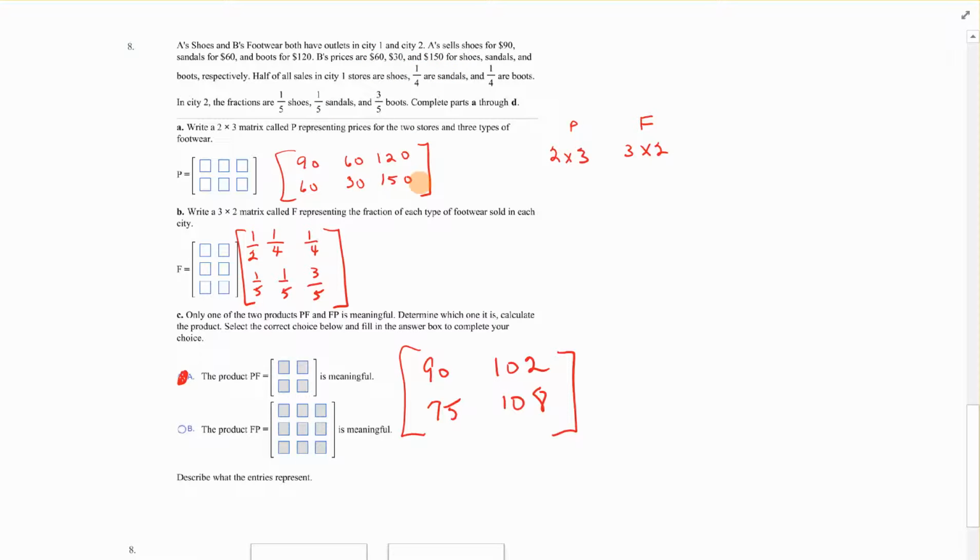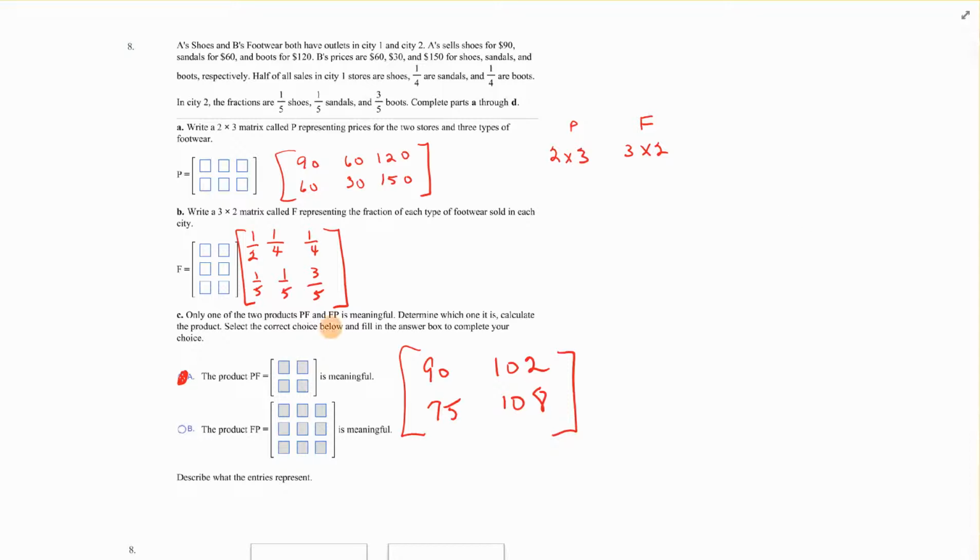So that's that matrix. Write a 3 by 2 matrix called F that represents the fractions. So remember up here there wasn't a fraction given, it just said half. So we have 1/2, 1/4, 1/4, and then 1/5, 1/5, and 3/5. So we've done part A and part B.